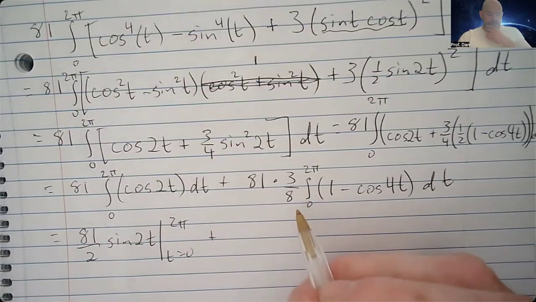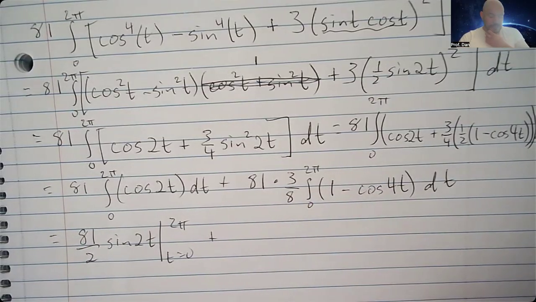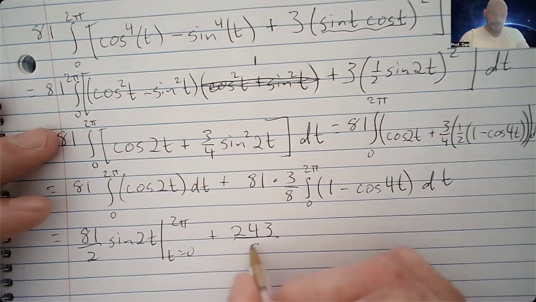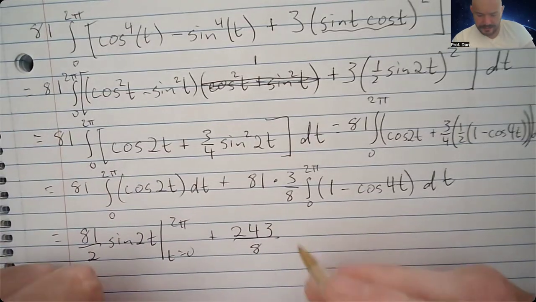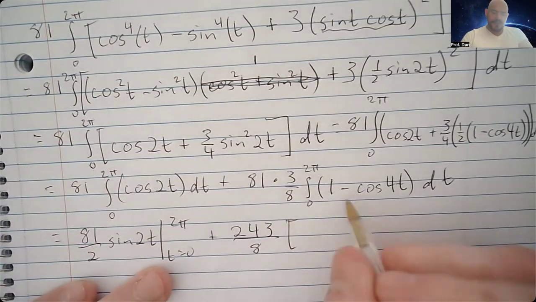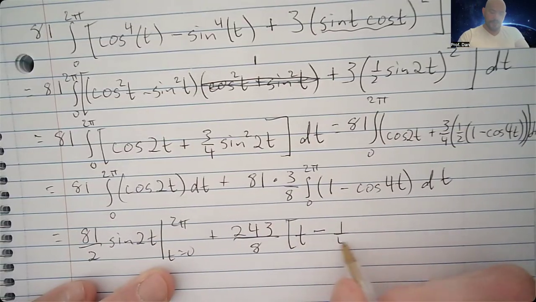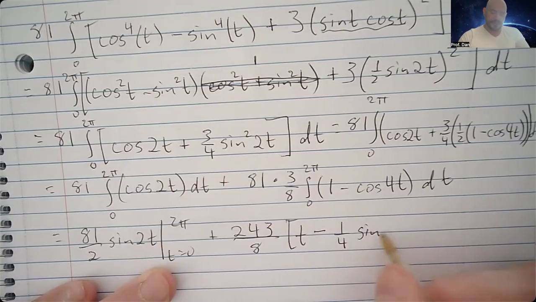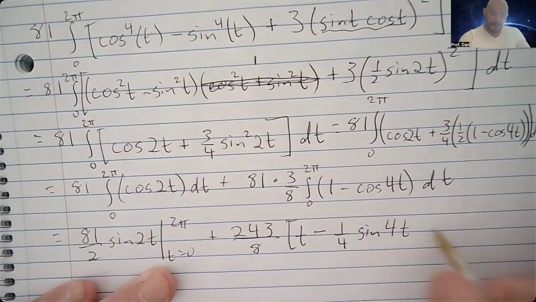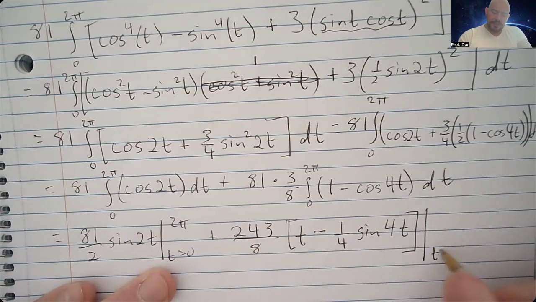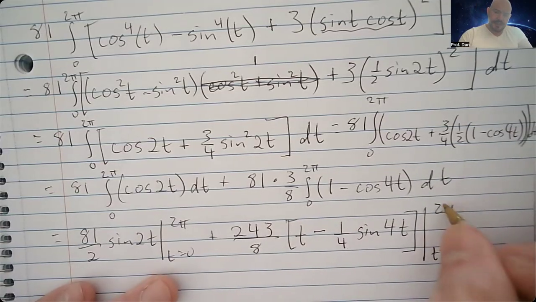Then for this one, just multiply it out. 243 over 8. And this antiderivative will be t minus 1/4 sine of 4t. And we're going to evaluate that from t equals 0 to t equals 2 pi.